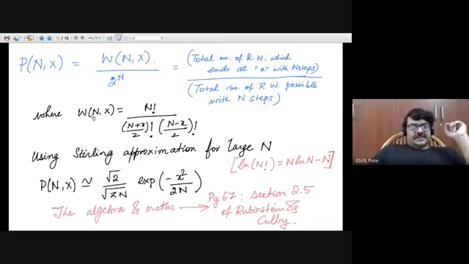You can show that this quantity, P(n,x), after some algebra, can be written as a Gaussian. So this is a Gaussian function with a peak at the center at x equal to 0, and this would be the variance, right?